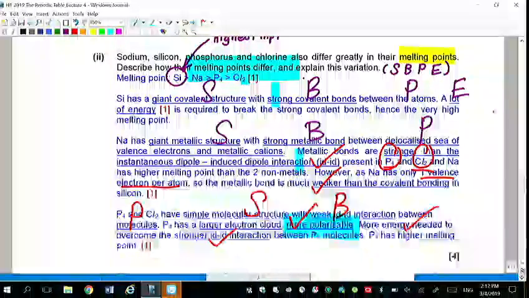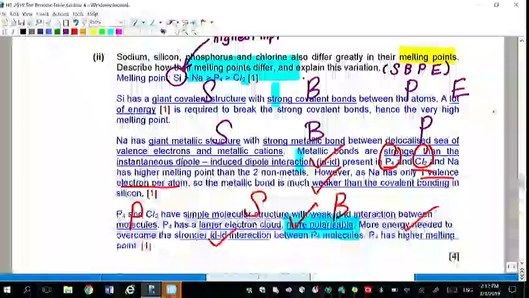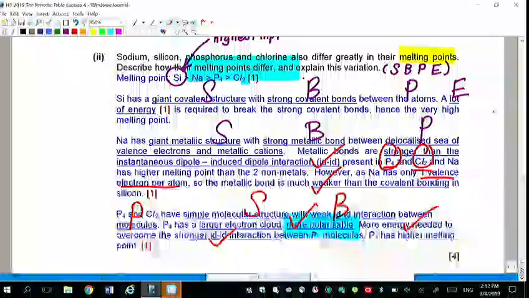Read through this again, read through your answer, take note of the difference, add the missing points in. Keywords that we highlighted, that you commonly miss out, take note. So you see that the format of answer whenever we discuss melting point, boiling point, solubility is always structure, bonding, particles, and energy.